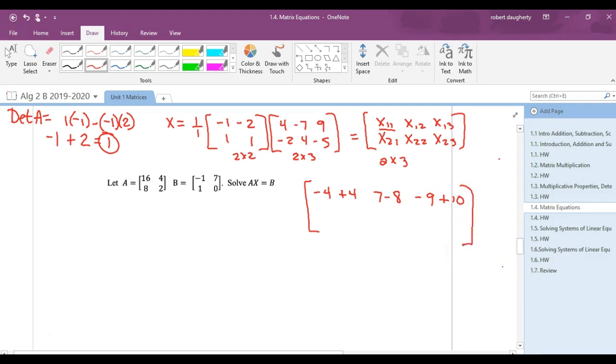Now we move to second row, first column. 1 times 4 plus 1 times negative 2. And then we move to second row, second column. Second row, second column, negative 7 and plus 4.